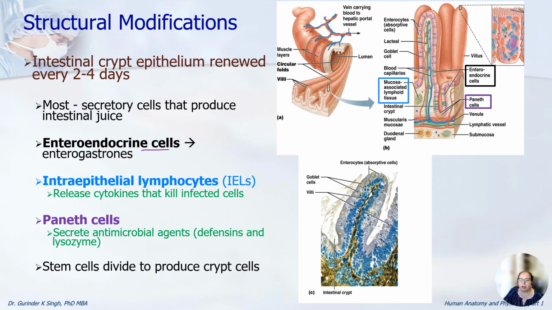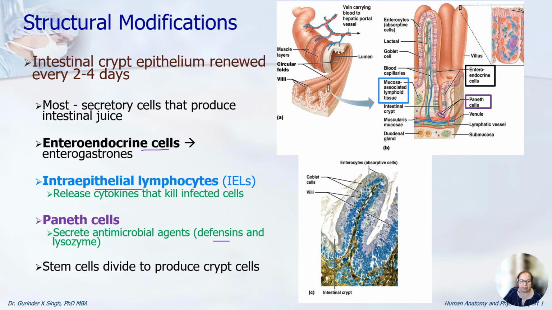And then we also have MALT, mucosa-associated lymphoid tissue. So some lymphocytes will be there too. We call them intraepithelial lymphocytes, or IELs. These intraepithelial cells constantly monitor for any bacteria, etc. Then we have Paneth cells, which secrete antimicrobial agents.